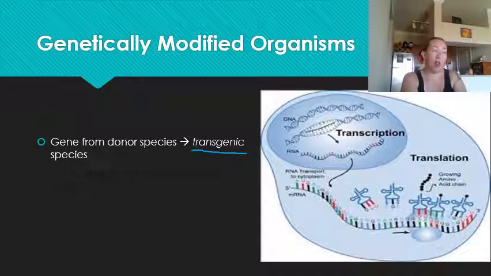There's also the first transgenic organism, which was E. coli, a bacteria. In 1978, E. coli was first modified to produce insulin. They took the human gene for insulin from a healthy human, put it into E. coli, and that E. coli started making insulin, which is another protein.